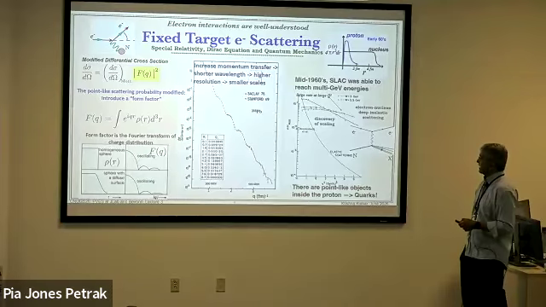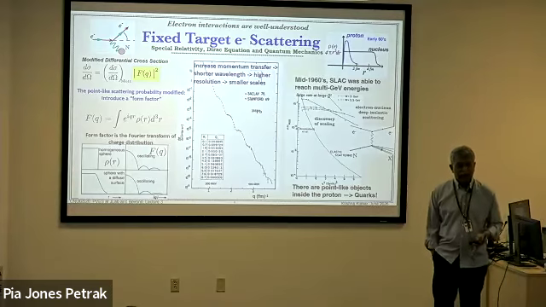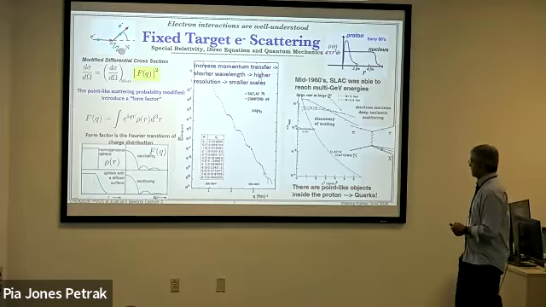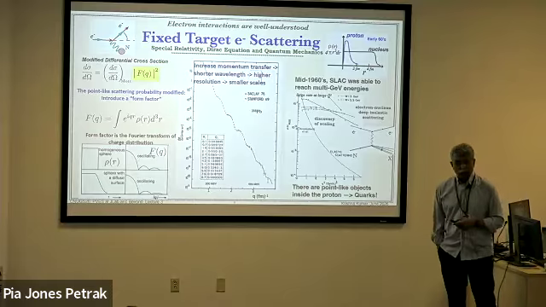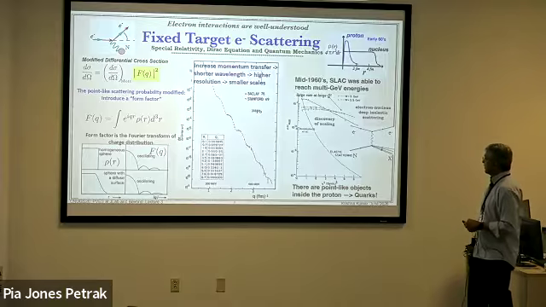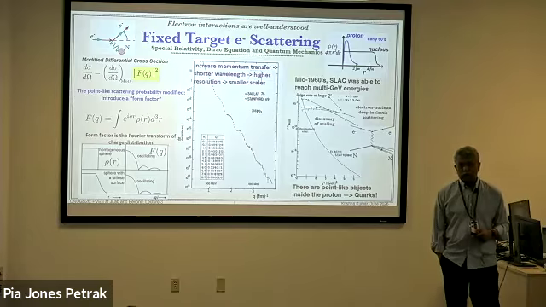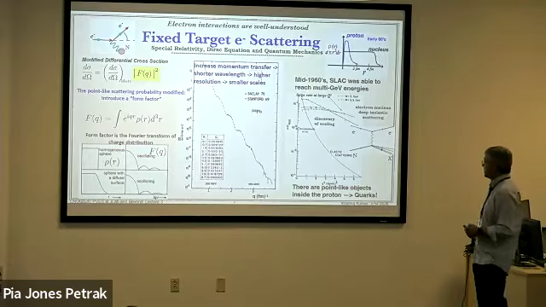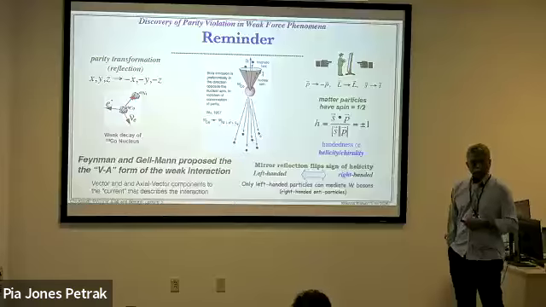But the fact that it is flat is the fact that there is no form factor, or the form factor is a delta function. It really is that. Okay, so the fact that you have high rate at high Q squared is going to be important for the parity violation program. But this is something for you to remember. This plot is the Nobel Prize winning plot for Friedman, Kendall, and Taylor for the discovery of quarks in the mid-60s. Okay, so this is just a reminder. I've shown this many times.